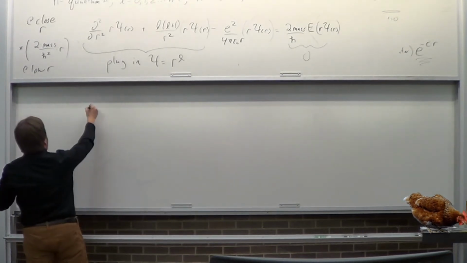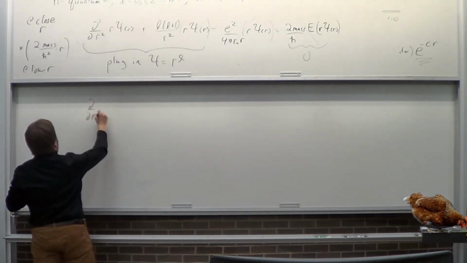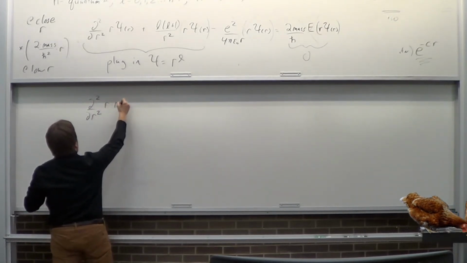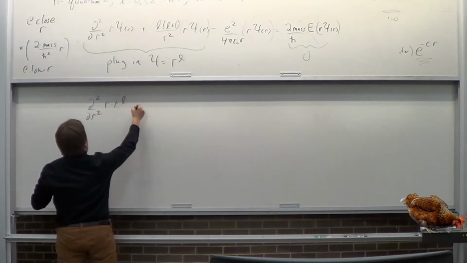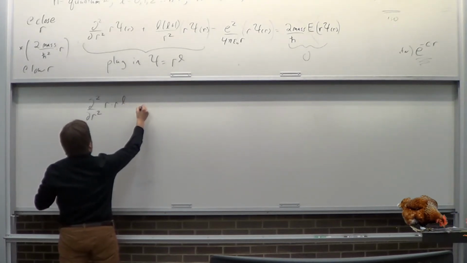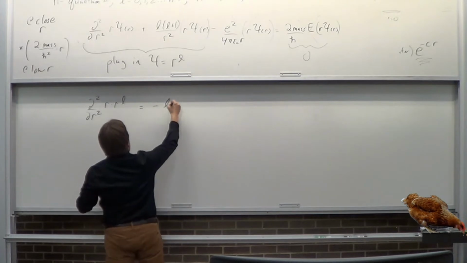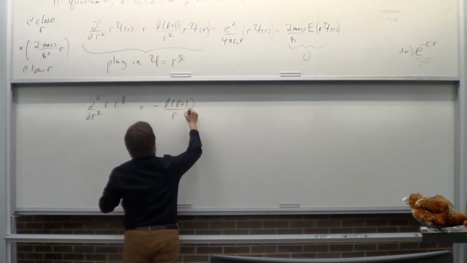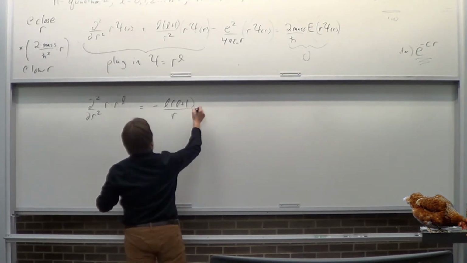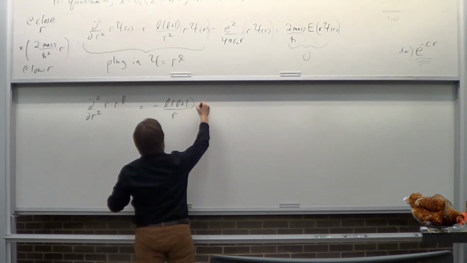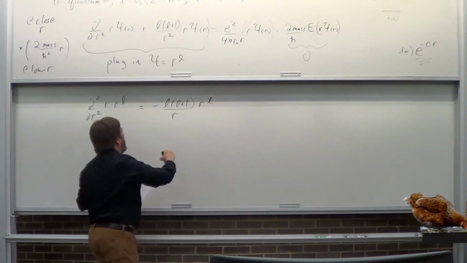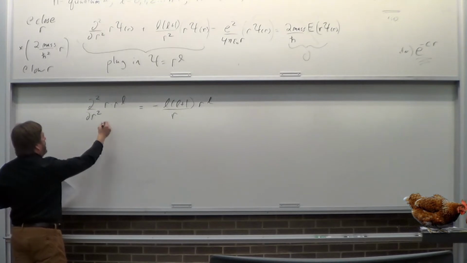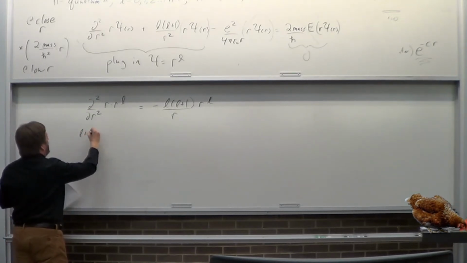Okay, so now what I do is to show that this works, and then I'm just going to write down a bunch of wave functions. So I've got r times r to the L, and that better equal minus L times L plus 1. I just set that term to the right over r squared. No, just r to the L. I just did a little factoring there. Okay, so this is r to the L plus 1, so I bring down an L plus 1.